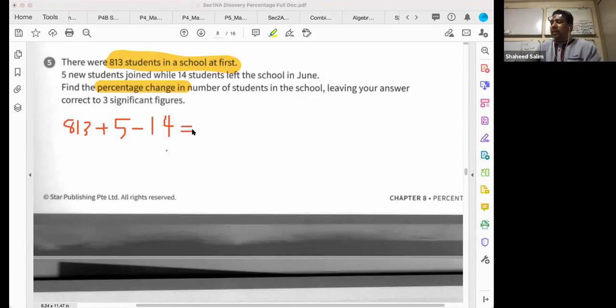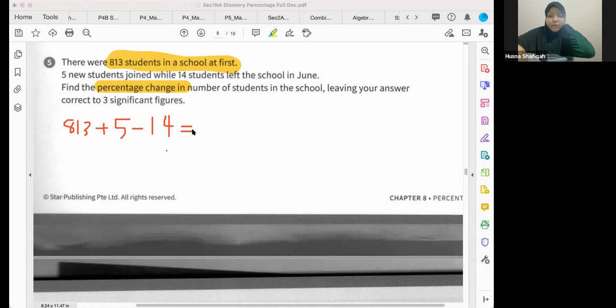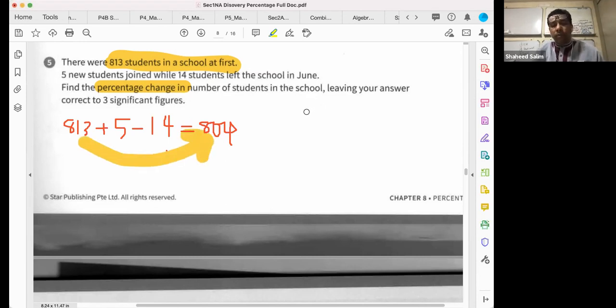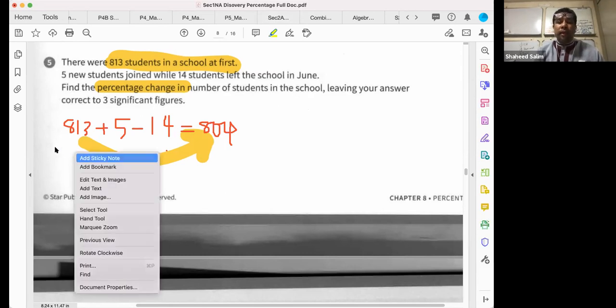You plus and minus. 804. Good. So what is the difference from the original 100% to this? How many percent drop? 813 minus 804 is 9.